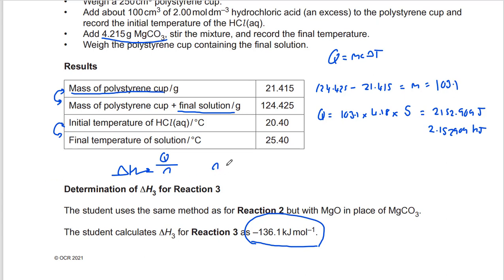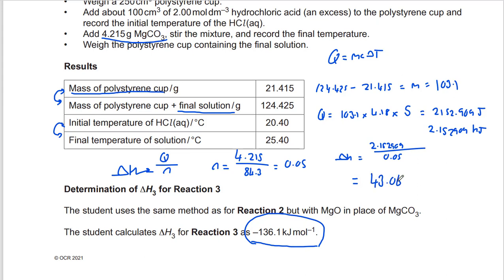So moles of magnesium carbonate is mass over molar mass, 4.215 divided by the Mr of magnesium carbonate, which is 84.3, and that gives us 0.05 moles. Nice round number, and therefore delta H is simply our value, 2.152909 over 0.05, and we get 43.06.